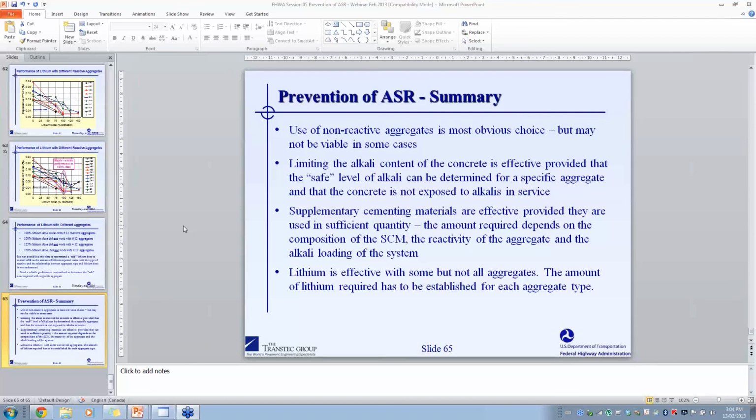And different aggregates definitely respond differently. Some aggregates will react at a pH of 13.2, some at a pH of 13.4. So they will respond differently. But we don't really have the benchmarking data to know what alkali contents they expand at in the field. So it's been hard to really correlate that.